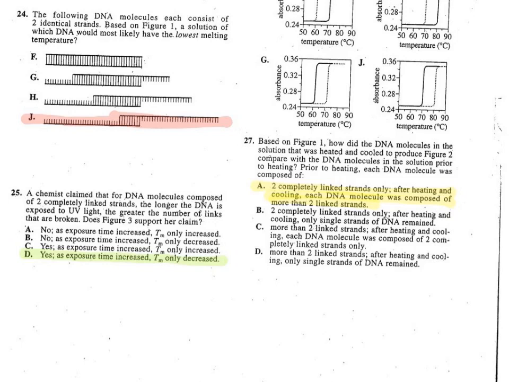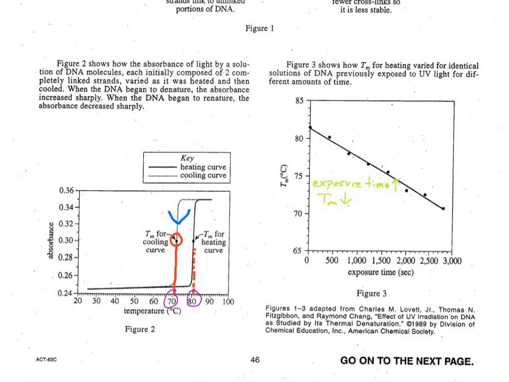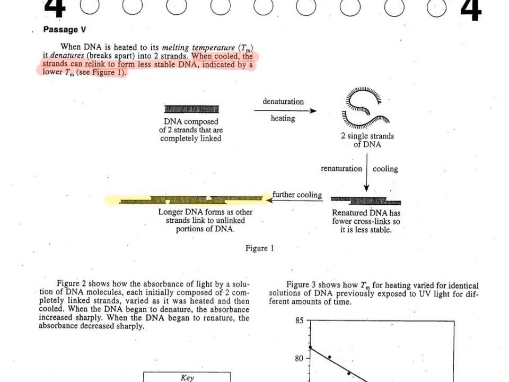Question 27 is asking us how the DNA molecules that were heated and then cooled compared to the DNA molecules prior to heating. So we go back to figure 1 and we notice that the DNA strand picture is completely linked.